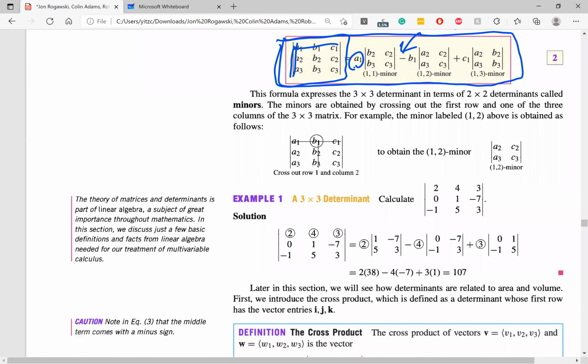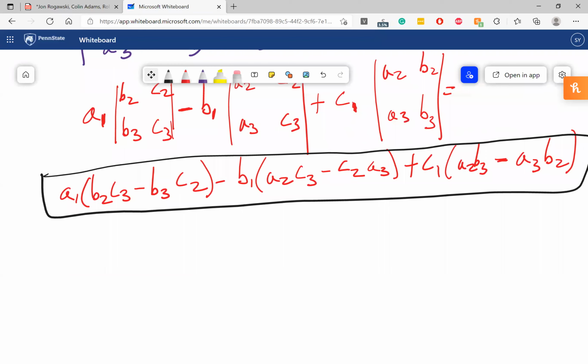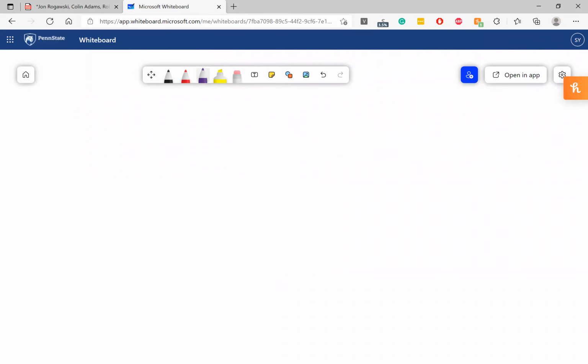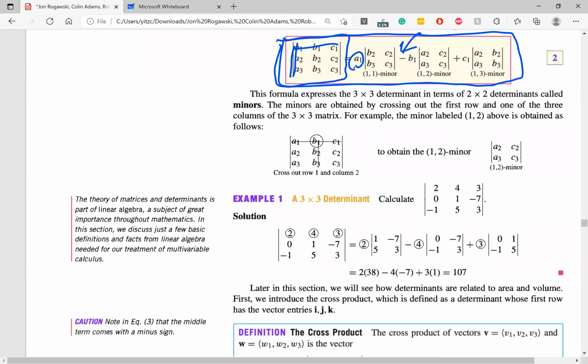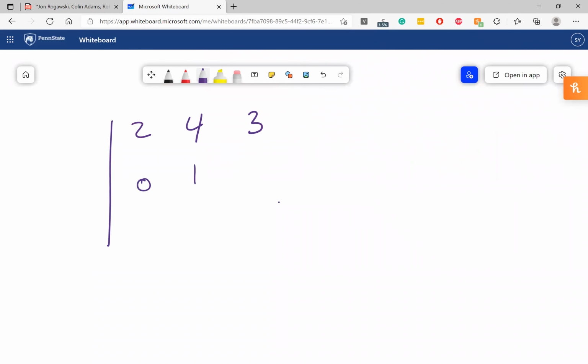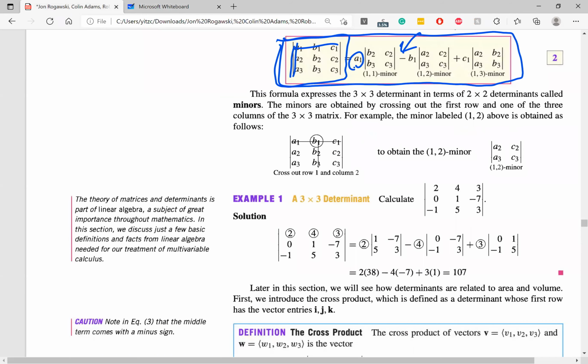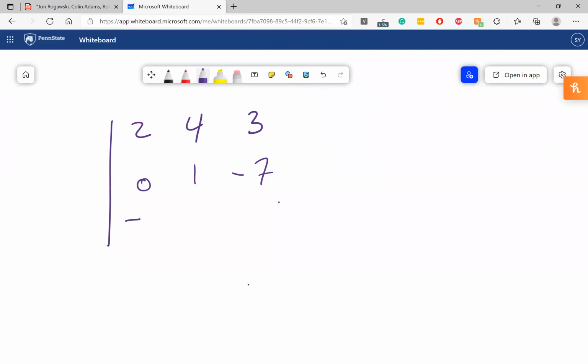Okay, so an example. They want us to calculate the determinant of 2, 4, 3; 0, 1, negative 7; negative 1, 5, 3.